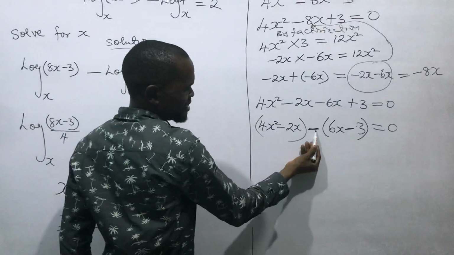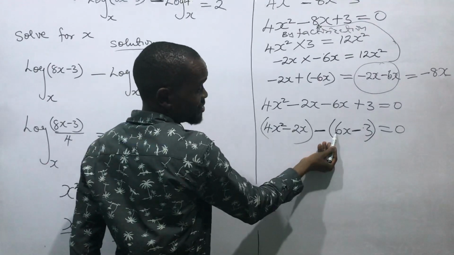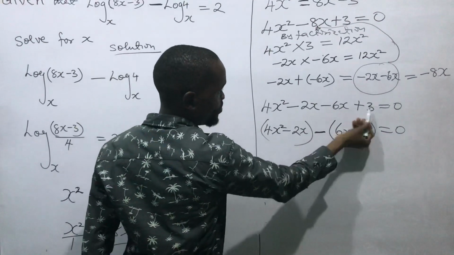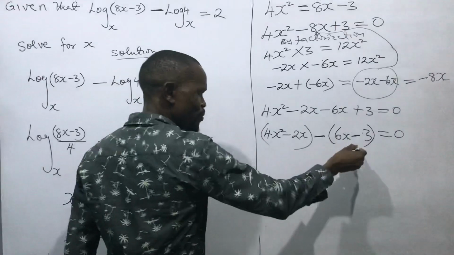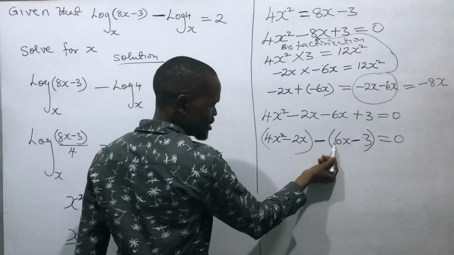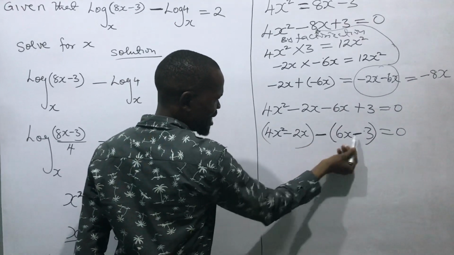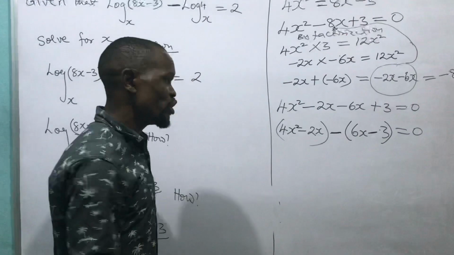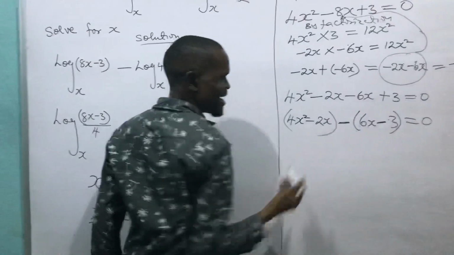If you open this bracket now, minus times this 6x will give me minus 6x, and minus times this minus will give me plus 3. Have you seen it? If you put plus here, minus times this will give me minus 6x, and minus times plus will give me minus 3, which affected the equation. If I open this bracket, it will give me back to this.